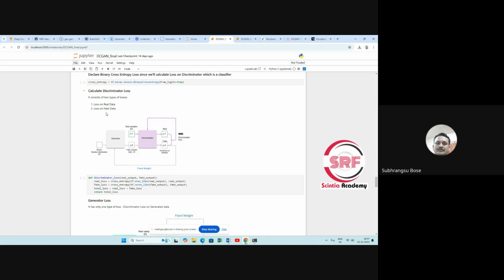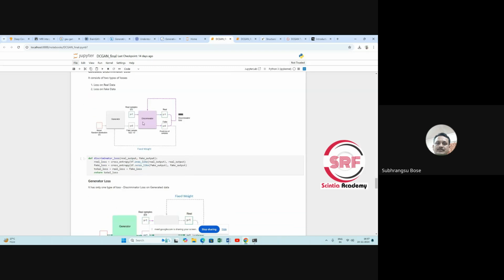Calculate the discriminator loss on the real data. Just see the picture. The noise generator creates a fake sample, d dash, with y equal to 0, and the real sample has y equal to 1. The discriminator predicts the value y equal to 0 or y equal to 1.